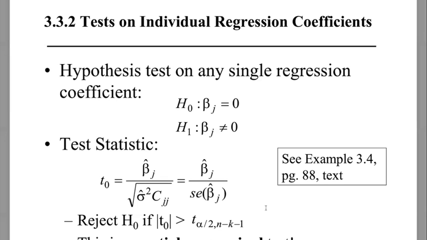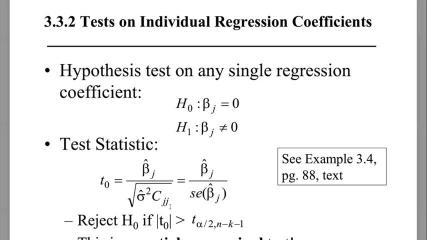The jth diagonal entry in that C matrix, or equivalently the jth diagonal entry of the inverse of X prime X, when multiplied by sigma hat squared, the MSE from the model, which is the estimate of the error variance, gives us the estimated variance of beta hat j.